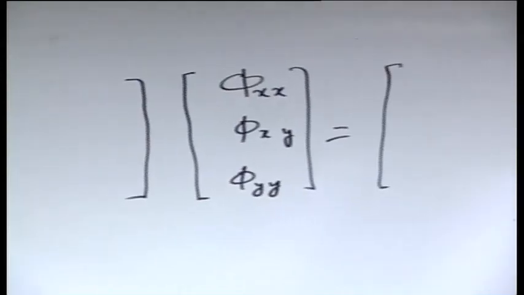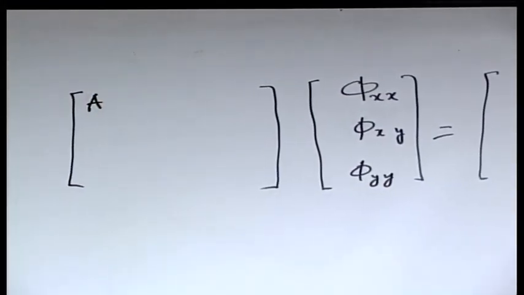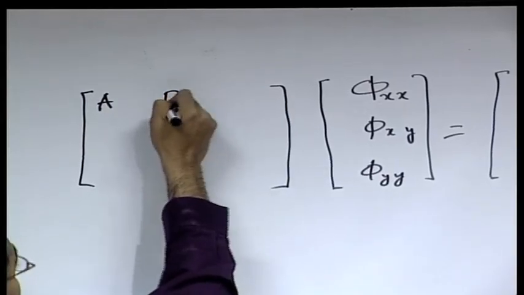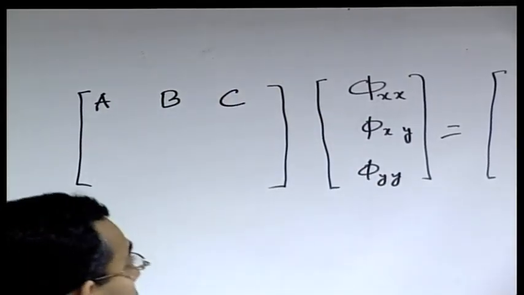From equation 1, it is a into phi xx plus b into phi xy plus c into phi yy is equal to minus h.